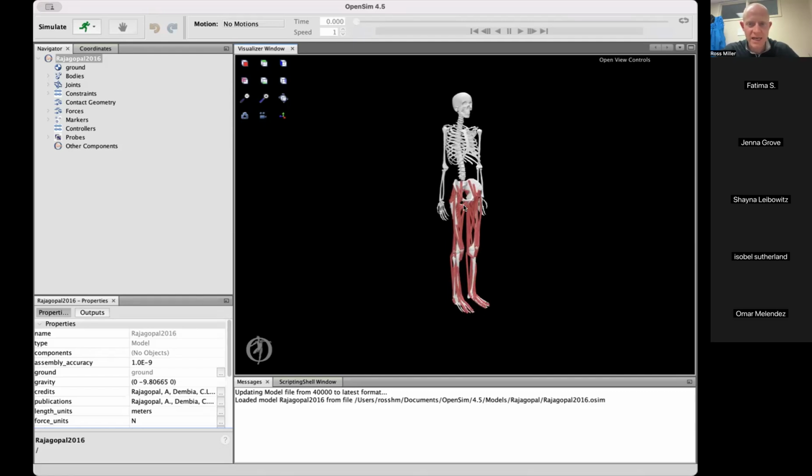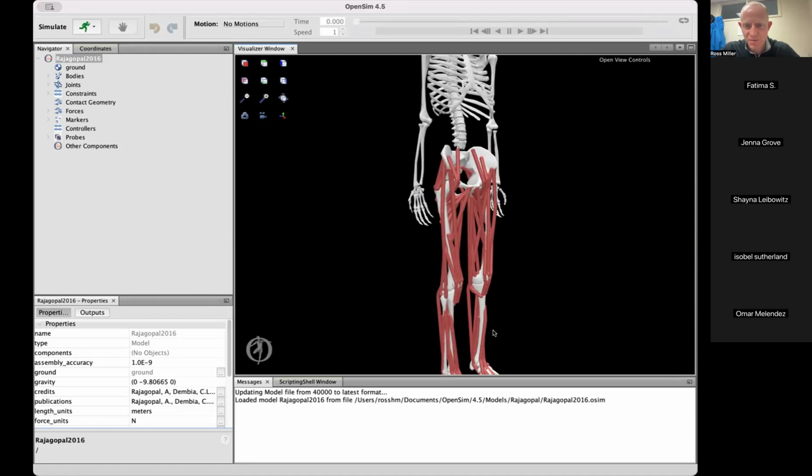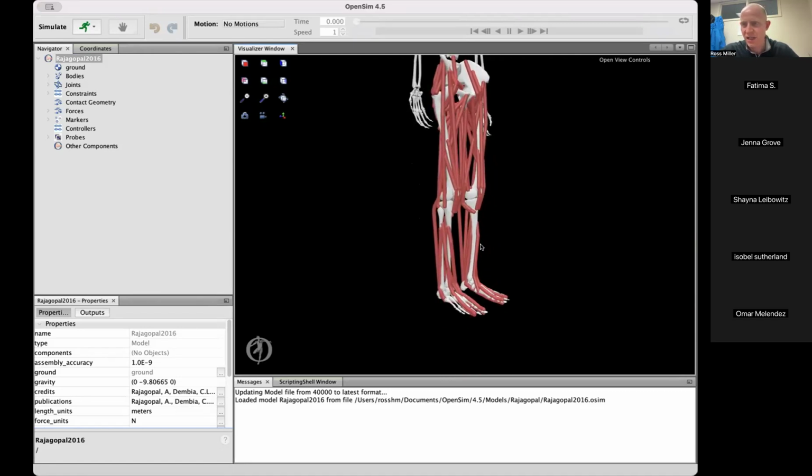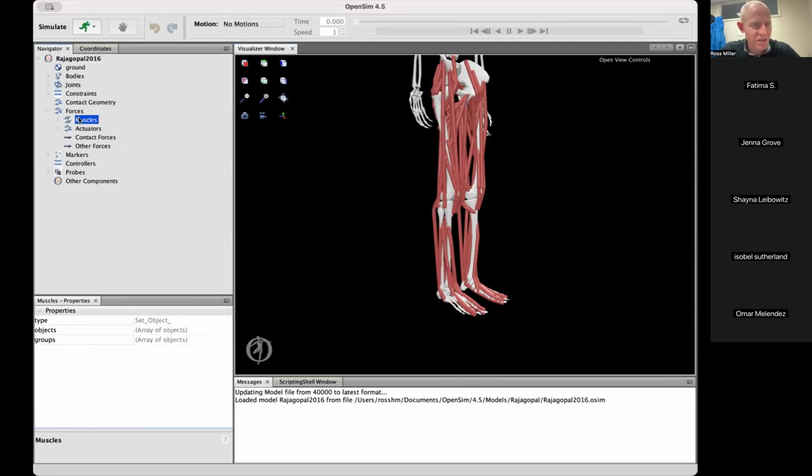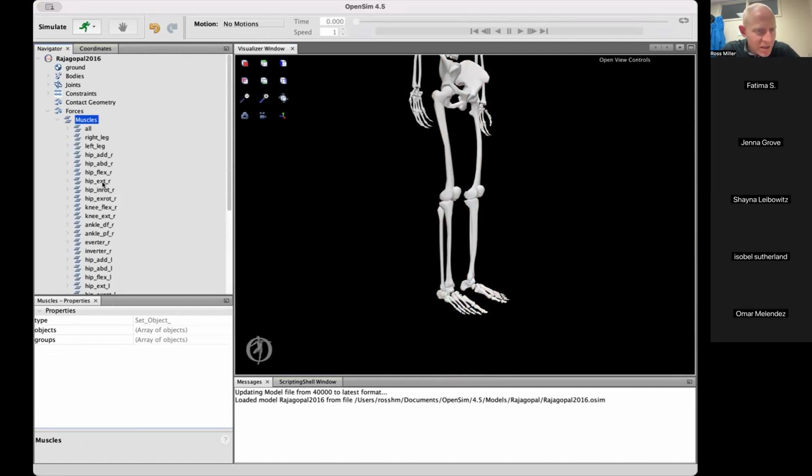So let's take a look at what happens to my model's muscles spanning its knee when we change the angle of the knee. Okay, so there's a lot of muscles there. I'm going to clean it up a little bit and just show a few muscles. So let's hide all those. And then let's look at my right knee flexors. And then let's just show, what's a big one?